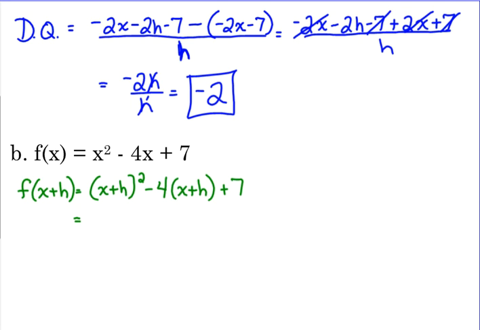So x plus h squared is x squared plus the outside gives us x times h, the inside gives us x times h, so we have 2x times h, plus h times h is h squared.